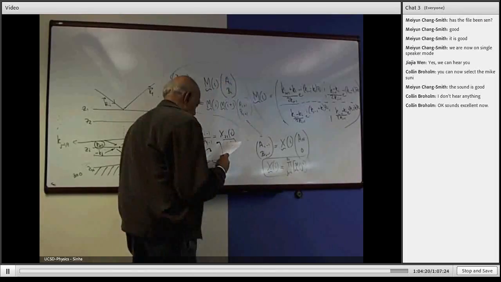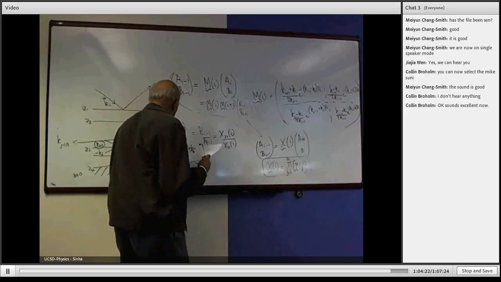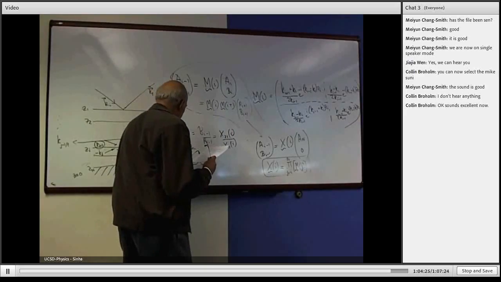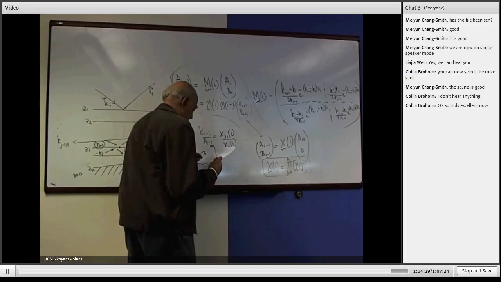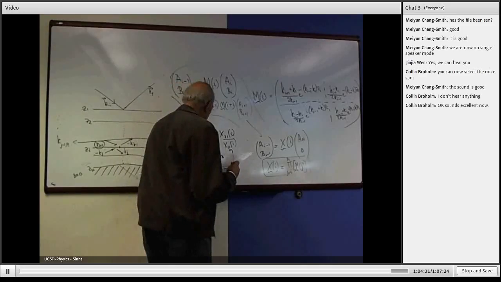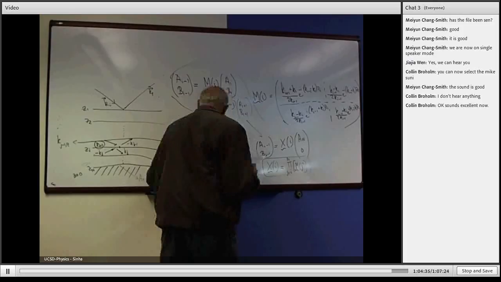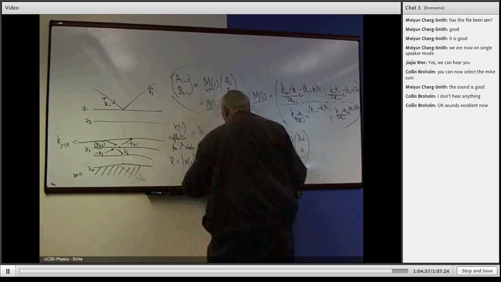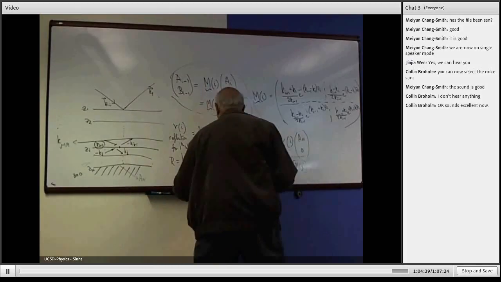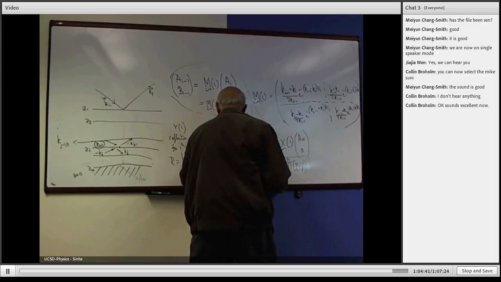And so the total reflection is the reflectance from the first interface, when i equals 1, modulus squared, which is therefore X_21(1) over X_11(1) modulus squared.